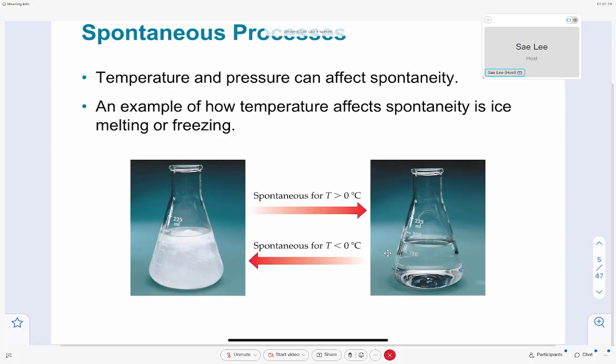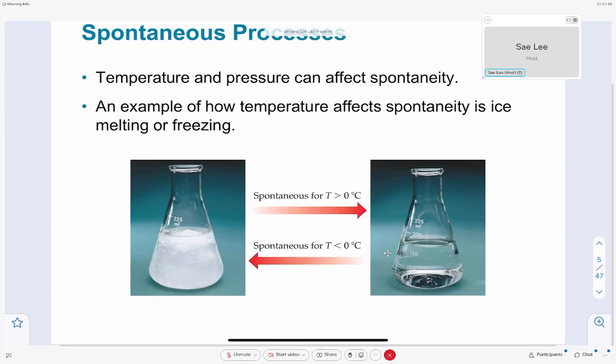Here's a diagram showing how ice melts into water at temperature above 0 degrees Celsius. So at temperature above 0 degrees Celsius, ice will spontaneously melt into water. At temperature below 0 degrees Celsius, what's going to happen? Water will naturally, spontaneously freeze into ice.